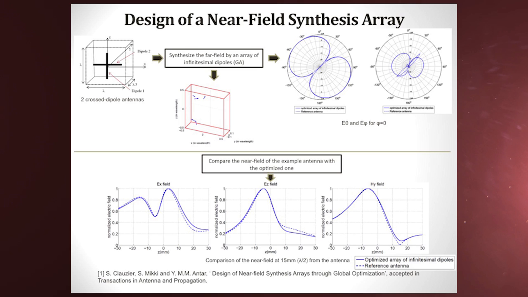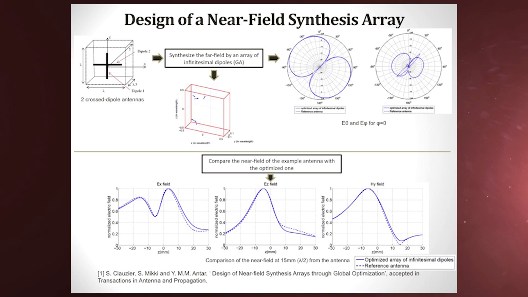So applying this algorithm and using the field, either the far or near field, we came to the idea that if you look at these five dipoles here, their location, orientation, and properties will actually produce the same field as this one here. So what is that telling us?